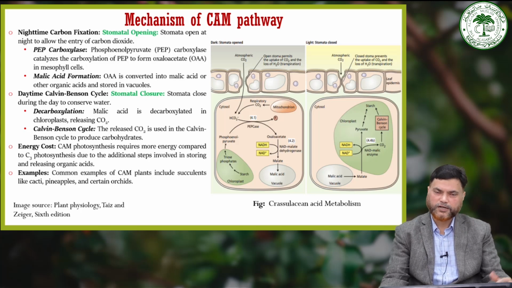You see that in the night stomata are open, whereas in the daytime stomata are closed. As a result, CAM plants basically could thrive in extremely hot and arid environments such as deserts where water availability is very limited.